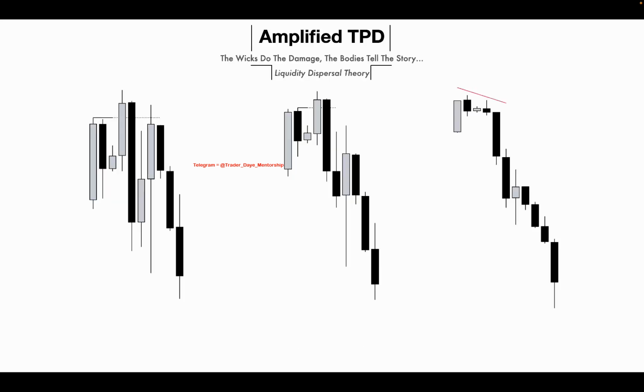Now, amplified TPD: the wicks do the damage, the bodies tell the story. So, liquidity dispersal theory. I want you to pay attention to the PSP shown right here, and I want you to focus on the bulk of the body. The higher time frame narrative for this price run was bearish, so we were seeking lower prices.